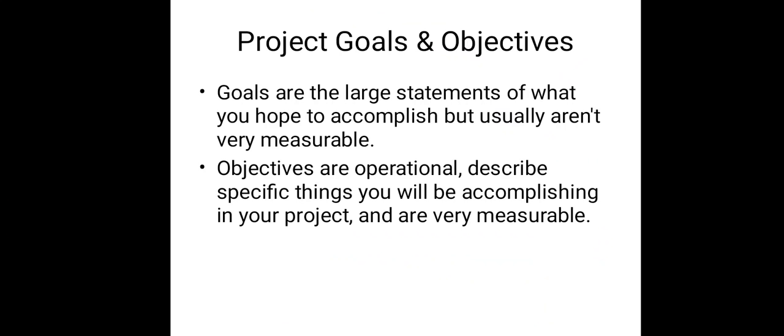They create the setting for what you are proposing. Objectives are operational and describe specific things you will be accomplishing in your project, and these are very measurable. Your objectives will form the basis for the activities of your project and will also serve as the basis for the evaluation of your project.